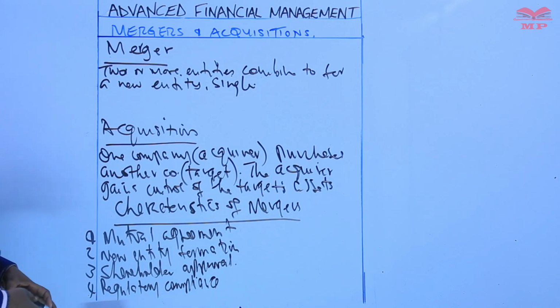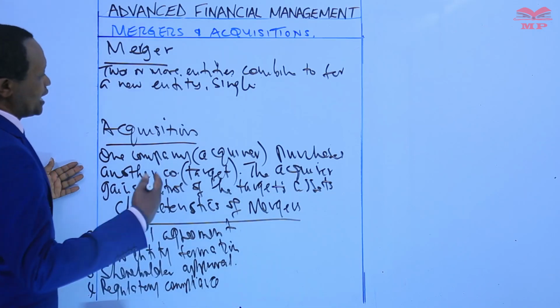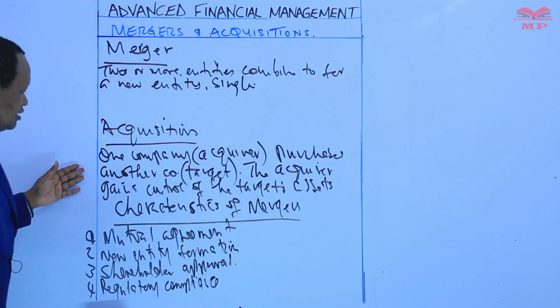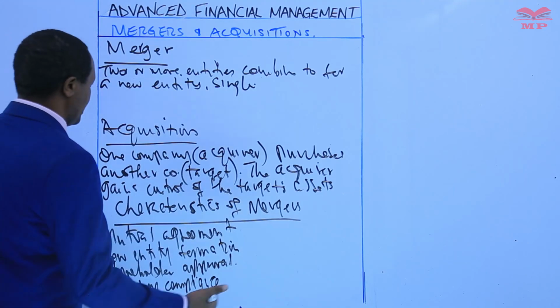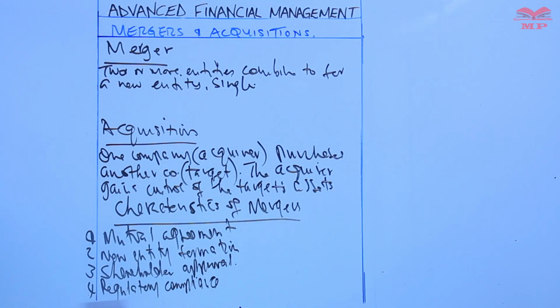How about acquisitions? Do we have characteristics for acquisitions? We've defined acquisition as one company acquiring another company, where the acquirer gains control of the target's assets and so on.